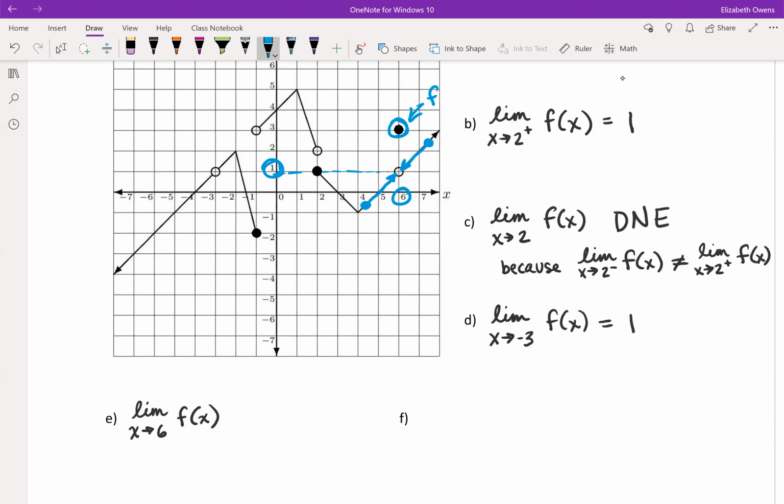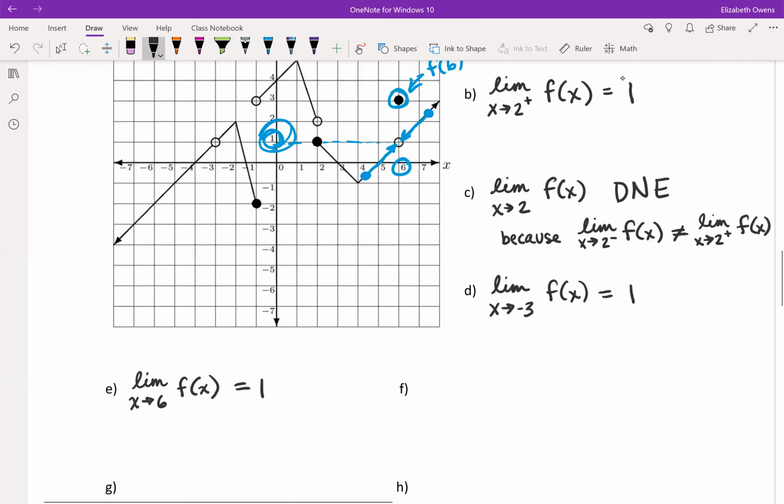All right, that's f of 6. But the limit as x approaches 6 is not 3, it's 1, like we saw from tracing along the function. So the limit is not what's happening at the actual point, it's what happens when you are getting near the actual point, okay? So this limit equals 1.